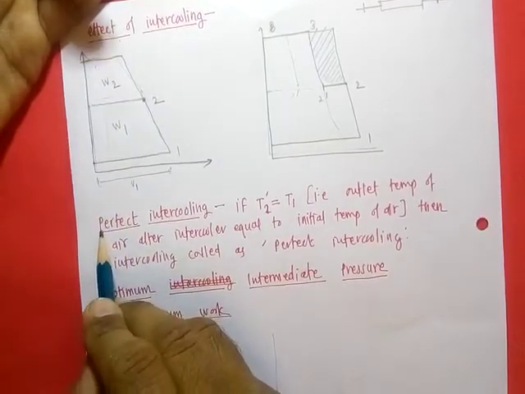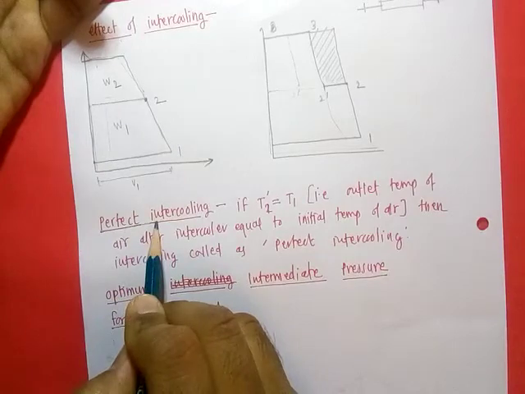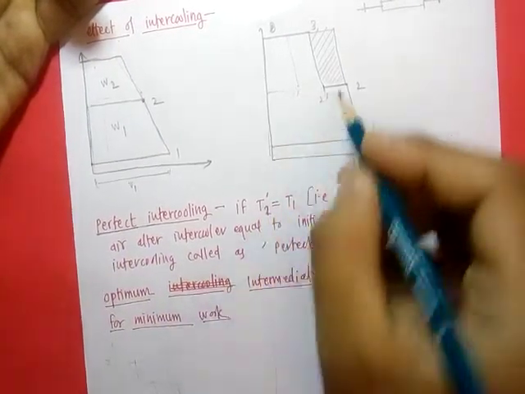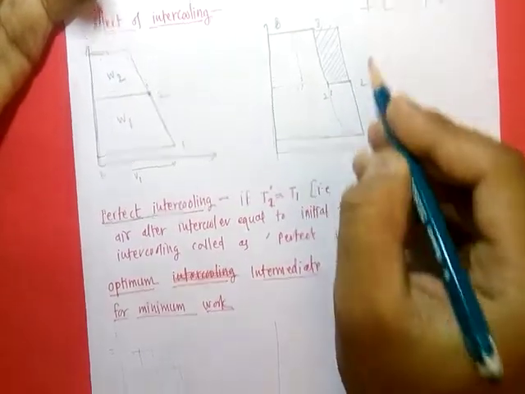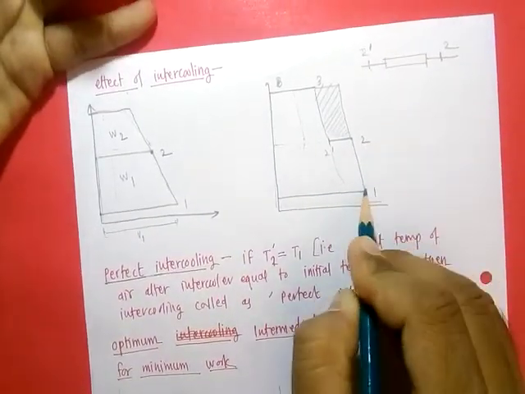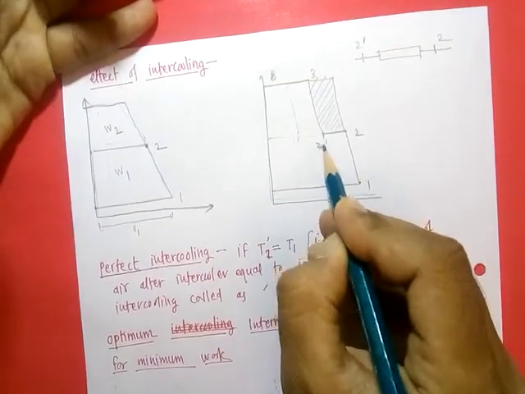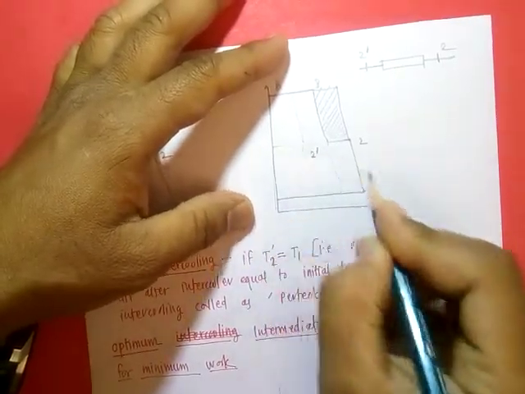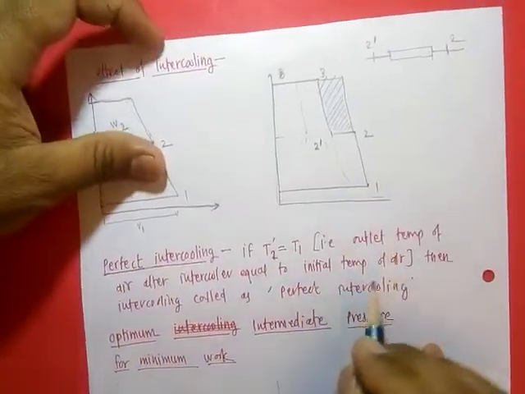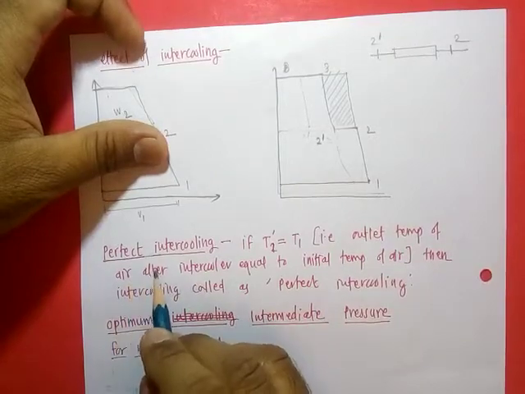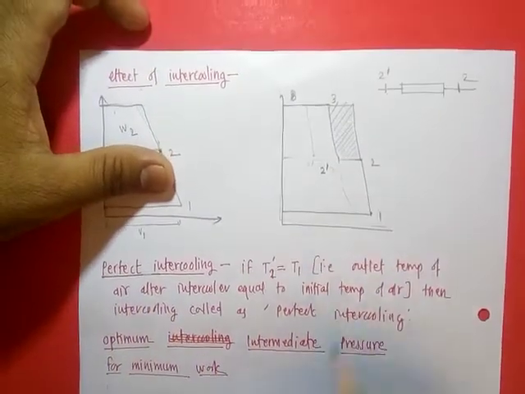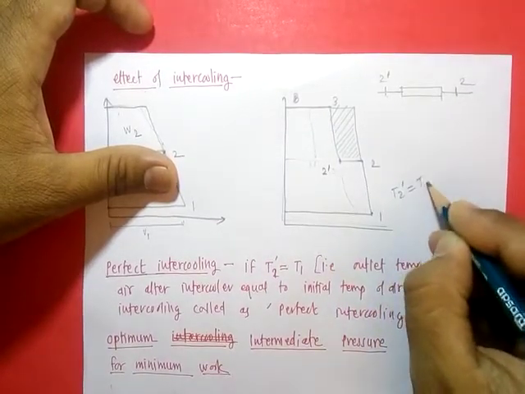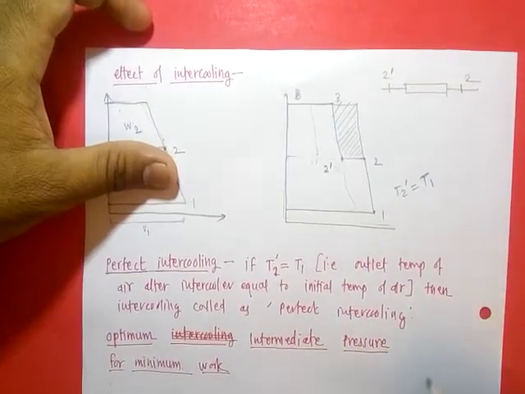And there is a term, perfect intercooling. Perfect intercooling means the outlet temperature from the intercooler is the same as the inlet temperature of the air. That is, if this T2 dash here is equal to T1, then the process is called perfect intercooling.